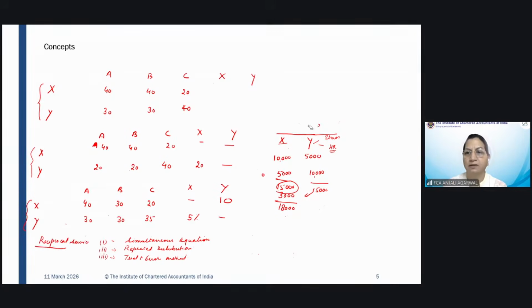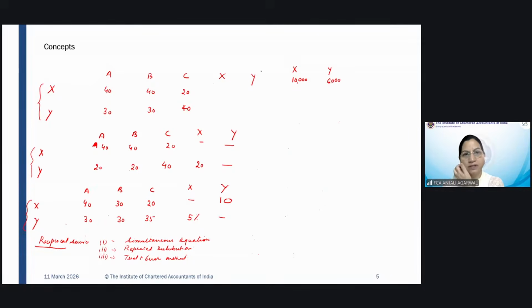So once again, I'll change the figures this time. Let's say X's total expenditure is 10,000 and Y's total expenditure is 6,000.